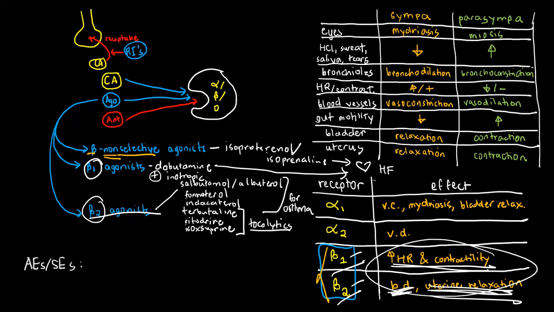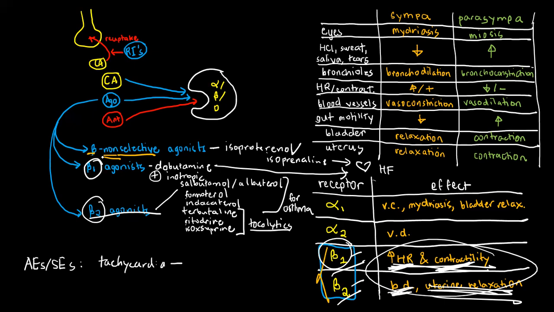Now, what are the problems that we can encounter with beta agonists? Well, first of all, anything that will target the beta 1 will cause positive chronotropic and positive inotropic effect, right? Well, in that case, what we could get is tachycardia.